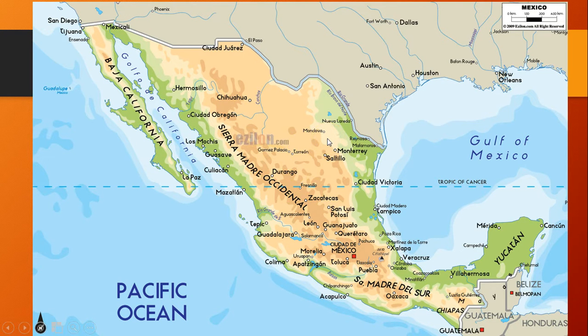Okay, I do want to go back to this idea of tropical and subtropical while I've got you looking at the map. You can see here, this is the Tropic of Cancer, which is at 23.5 degrees north latitude. You can write that down, 23.5. The Tropic of Cancer forms the northern boundary for what is known as the tropical climate zone.